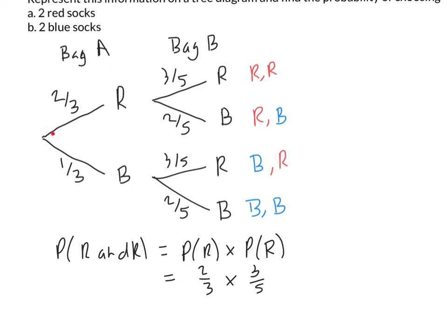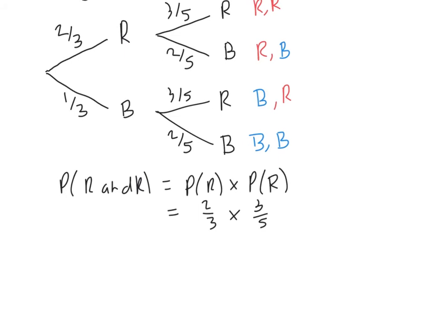We can simplify that. It works quite nicely because when you multiply fractions, you multiply numerators and denominators, but you can also cancel down common factors on the numerators and the denominators. So we'd end up with on the top 2 times 1, which is 2, and 1 times 5, which is 5. Okay, that's the chance of getting red and red.